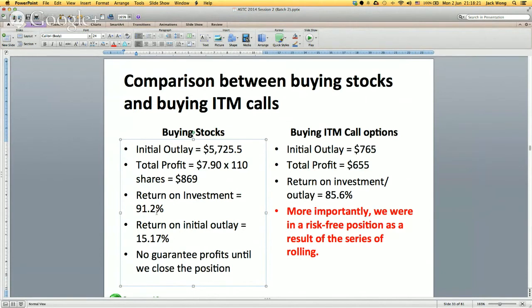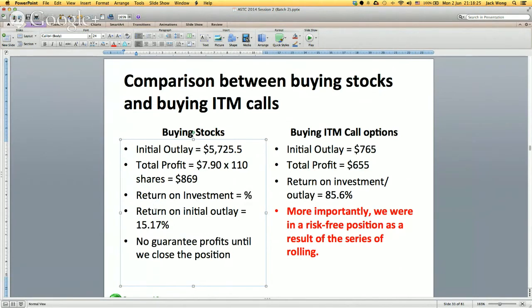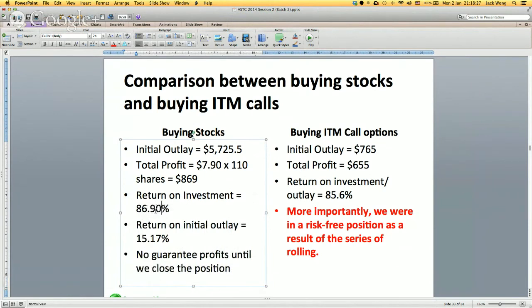Whereas return on investment is actually 86.9%. Why? Because our risk is measured at 1% of $100,000. So this is just the number game. What you should focus on is always 15.17, because that's the amount of money you have to put up for this trade.